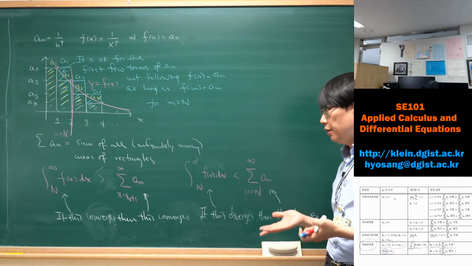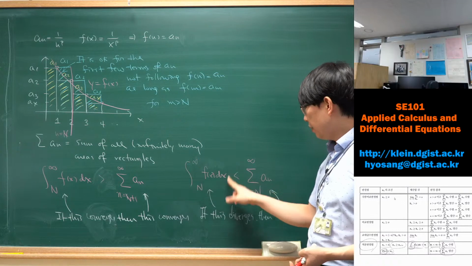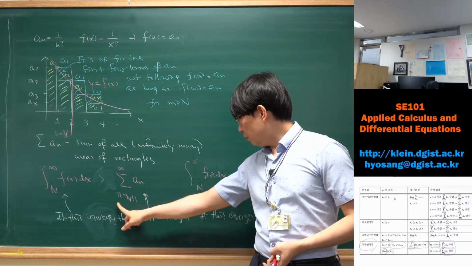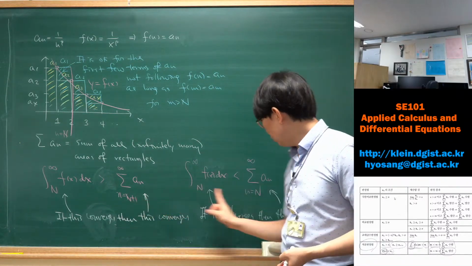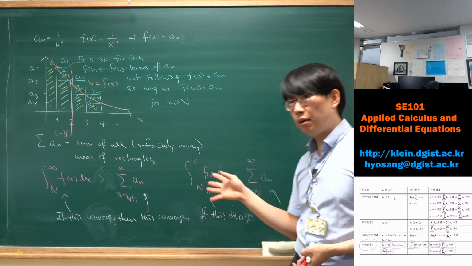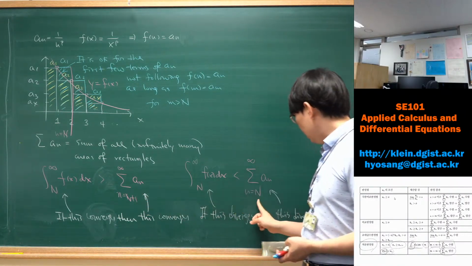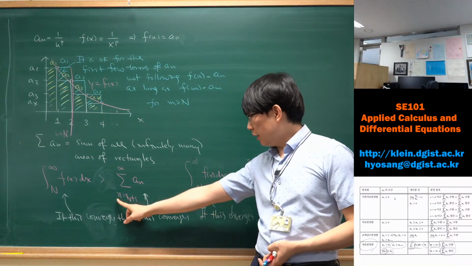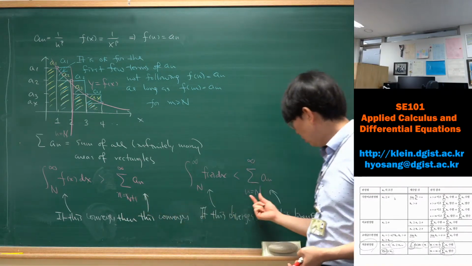So what we compare with the improper integral is not exactly the same tail, but we have a one-term difference between these two tails. But as I mentioned, it doesn't matter if I include the Nth term or not. So we have no Nth term in the series here, but there's an Nth term there.